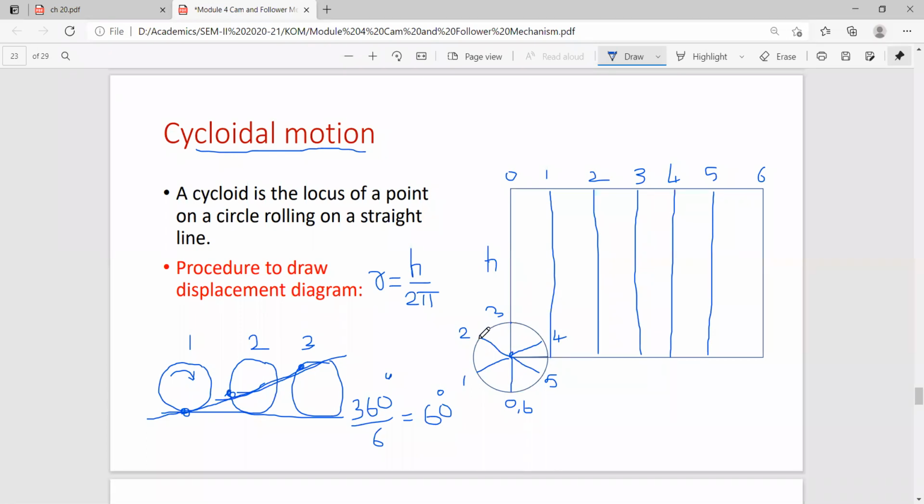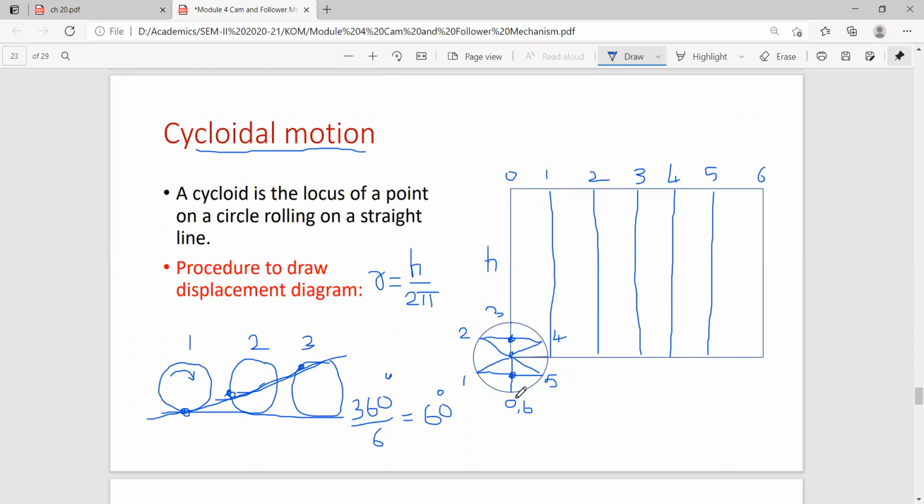So if you project point 2 and point 4, at the vertical diameter you will get a point here. Similarly, when you project point 5 and point 1, they will coincide. So here you will get 1 point.